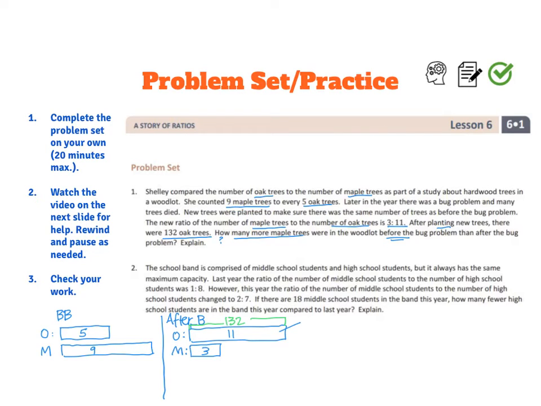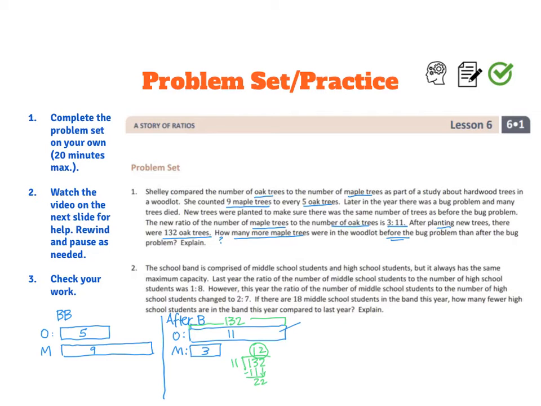I've got 132 divided by 11 to find out what each unit equals. 1 times 11 is 11, I subtract. I love it when it works out. There's 12, so each unit is equal to 12.